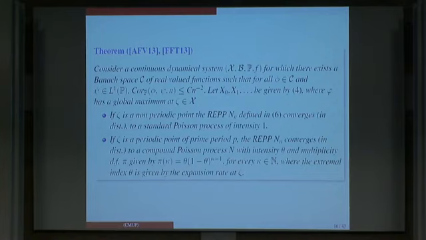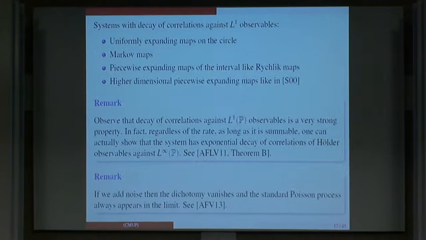Okay, so let me try to give you some systems to which you can apply this theorem. The main thing is you have to find systems which satisfy these decay of correlations against L1. So here's a list of them.